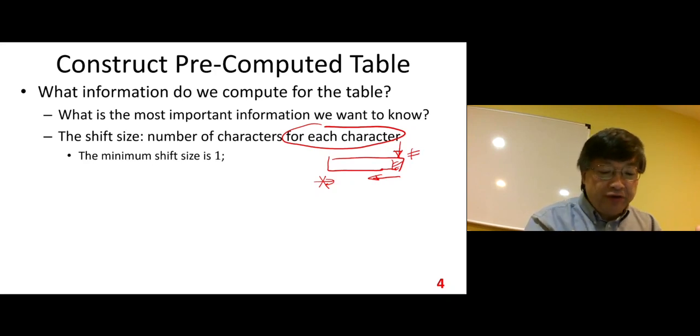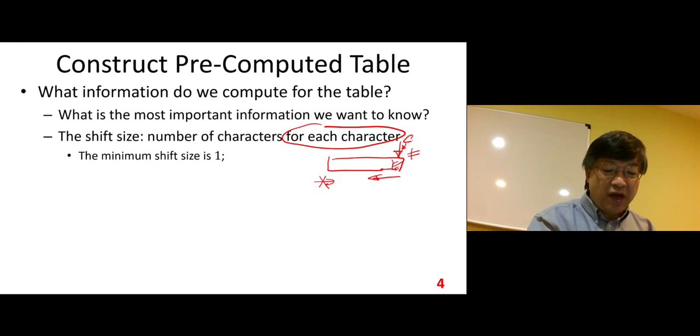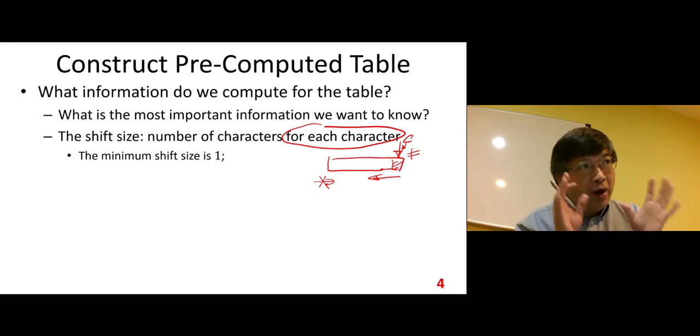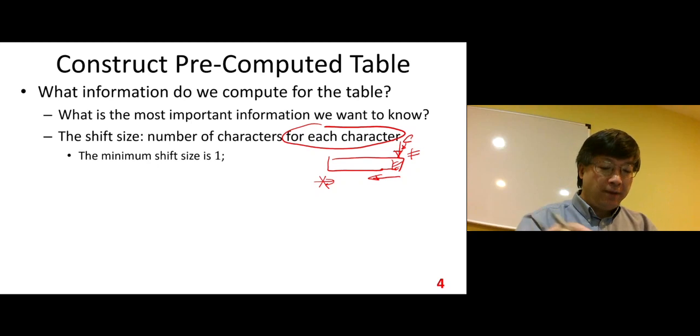When you shift, there is a character, and this character corresponds to a certain number of characters as the shift size. That's the meaning. So for this character there is one shift size corresponding to it, and we need to calculate that information.